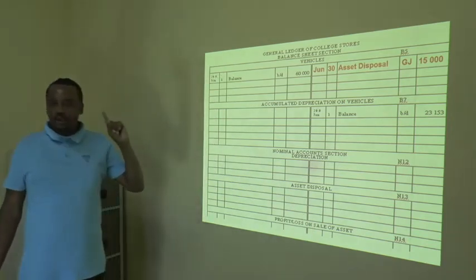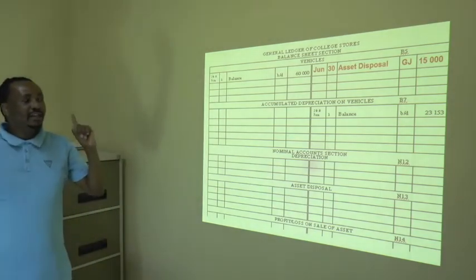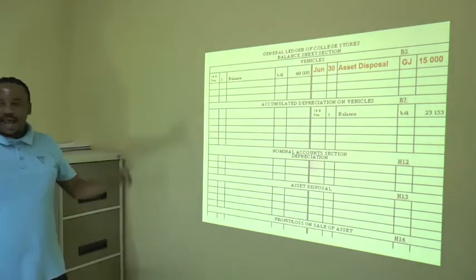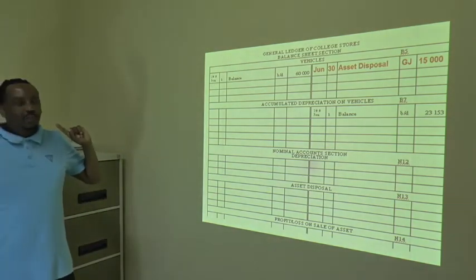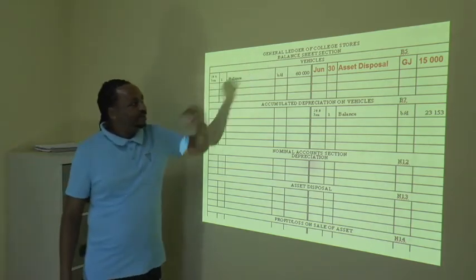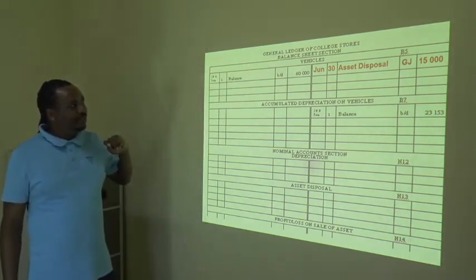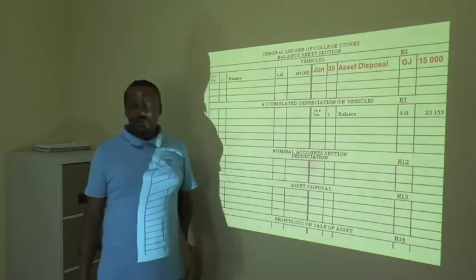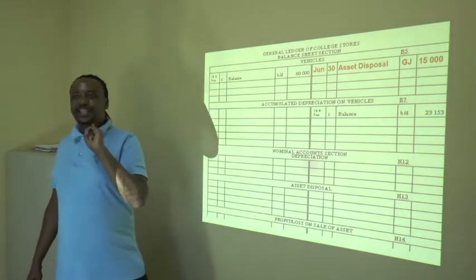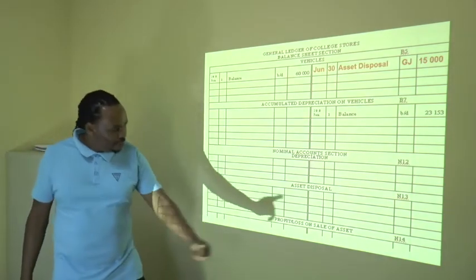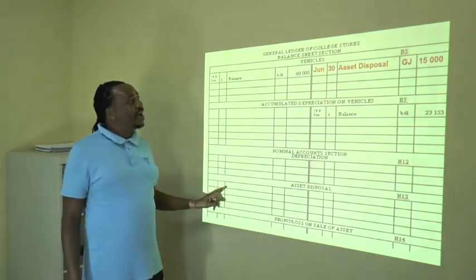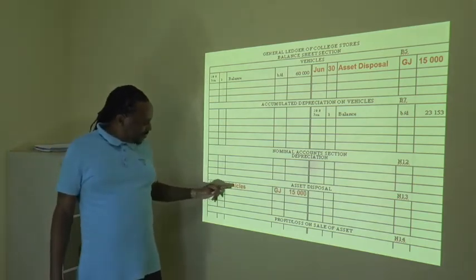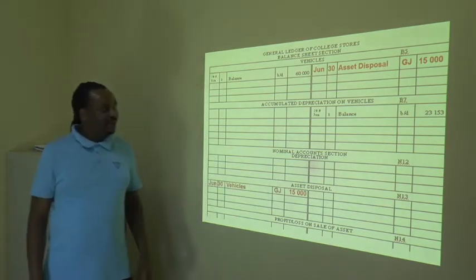So the first two accounts affected for the asset that has been disposed are asset disposal and the asset that has been disposed. The asset that has been disposed is a vehicle. So, double entry principle: the vehicle will be credited by asset disposal 15,000, which means the asset disposal will be debited by the vehicle 15,000.